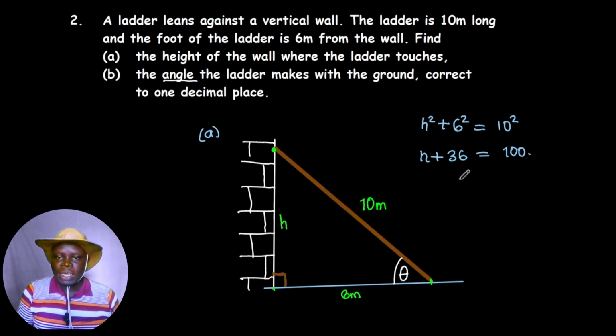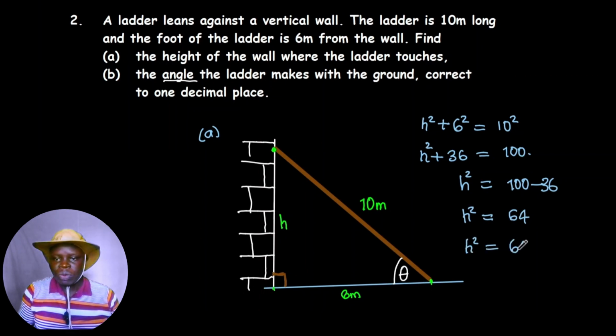Now let's collect the terms. Remember, h is still squared. So h squared is the same as subtracting 36 from both sides. Here it will disappear, and we have h squared is the same as 64. Taking the square root on both sides, we have the square root of 64, and you know the square root always has two values, positive or negative, and the square root of h squared is h.